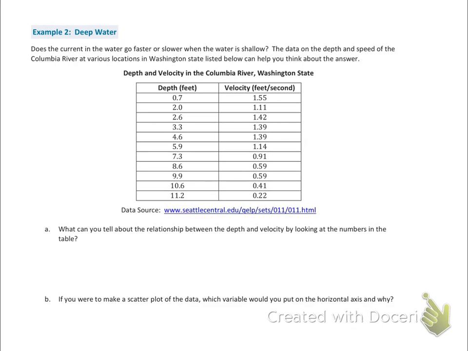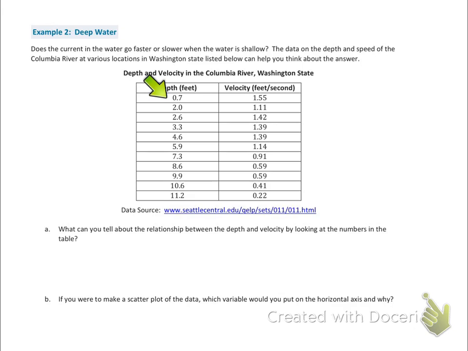Okay, so let's read the example together. Does the current in the water go faster or slower when the water is shallow? The data on the depth and speed of the Columbia River at various locations in Washington State listed below can help you think about the answer. So part A says, what can you tell about the relationship between the depth and velocity by looking at the numbers in the table?